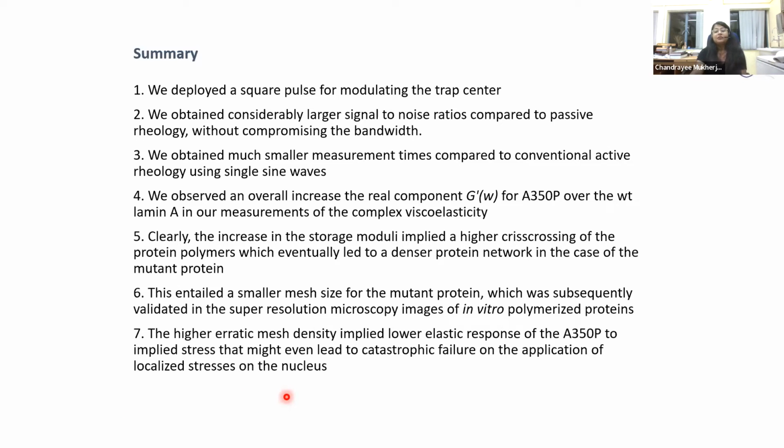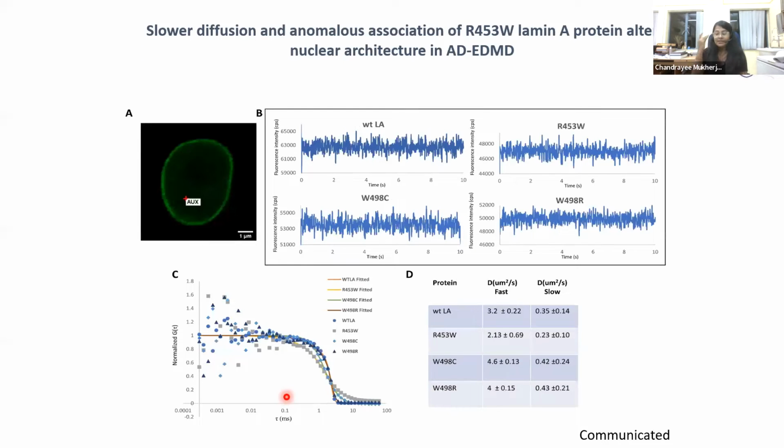For the next part of my study, I have investigated the IG fold domain of the protein and some mutations associated with the EDMD disease. This IG fold domain harbors the most deleterious mutations in the protein, and our lab incidentally has already established, with some other EDMD mutations, the involvement of the IG fold domain in the structural alteration of the protein.